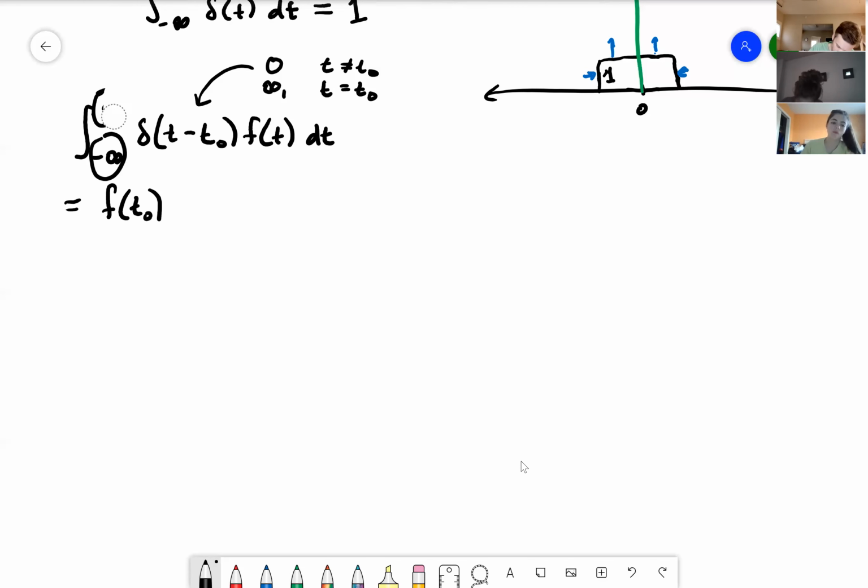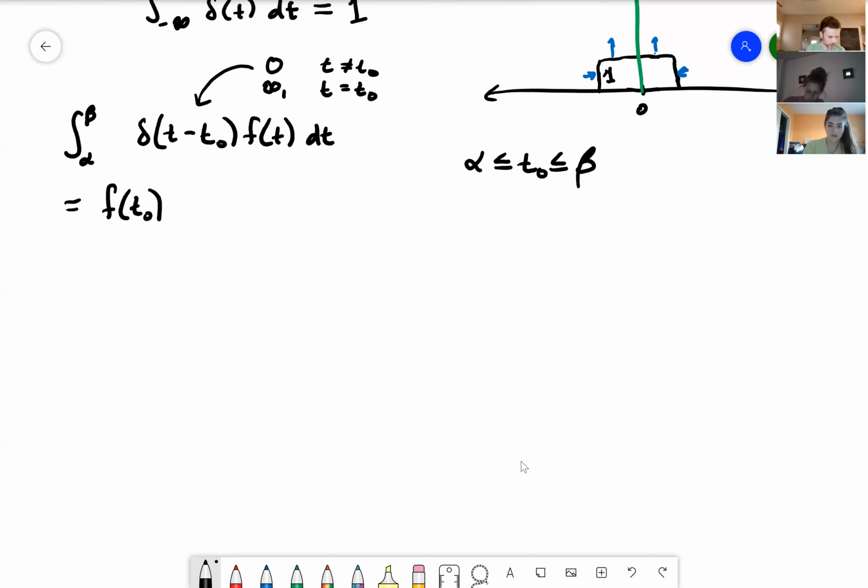Let's say I replace them with alpha and beta, and alpha and beta are chosen so that t0 is somewhere in between them. So the limits of our integration at least include the t0, then this is still perfectly valid.